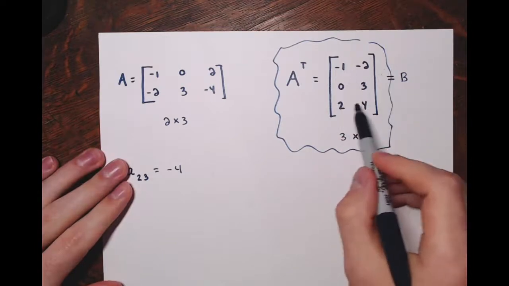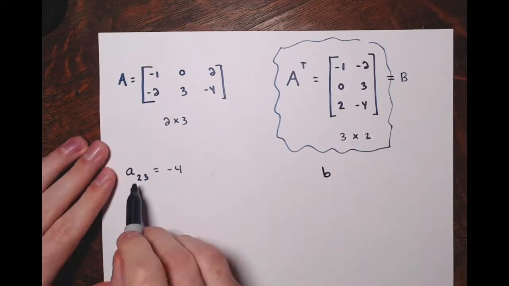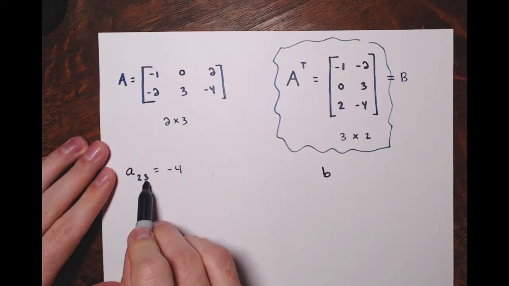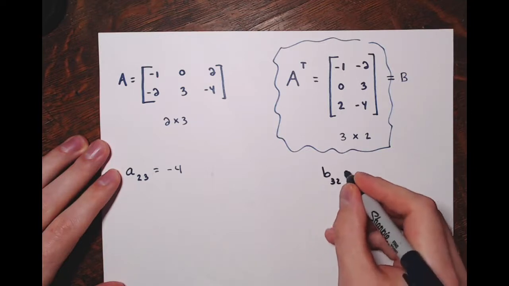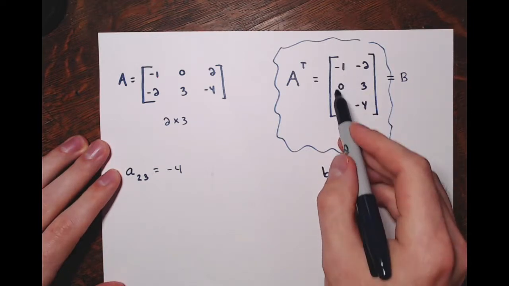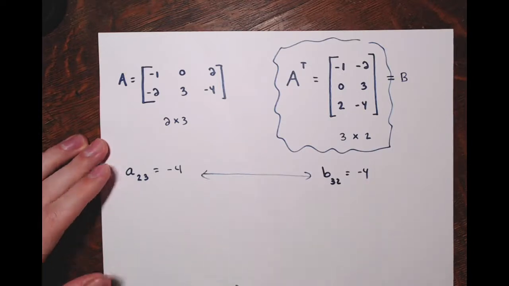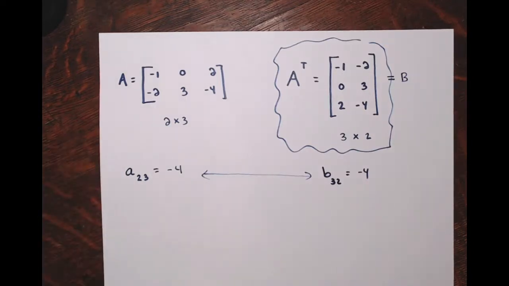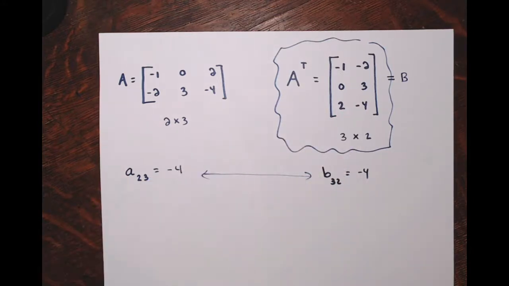So it's a totally different matrix. What's B32? I switch these, 3, 2. Third row, second column is again negative 4. These should be the same. When you do the transpose, you just switch the row and column.